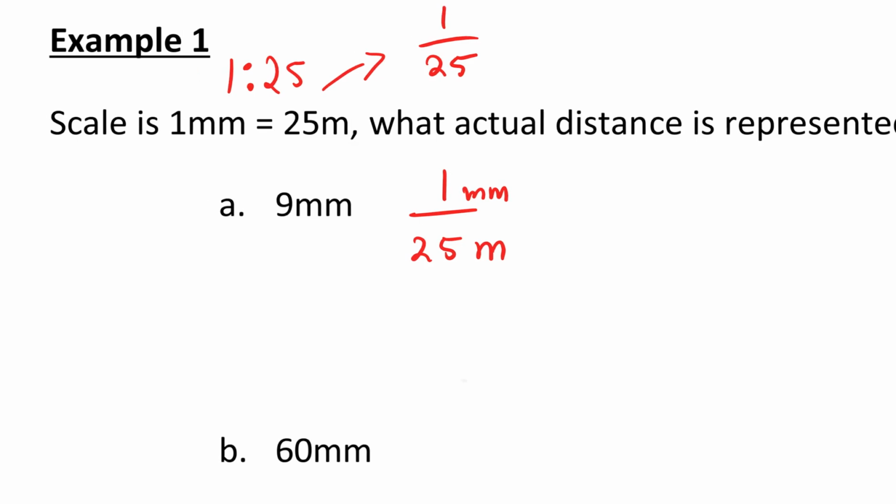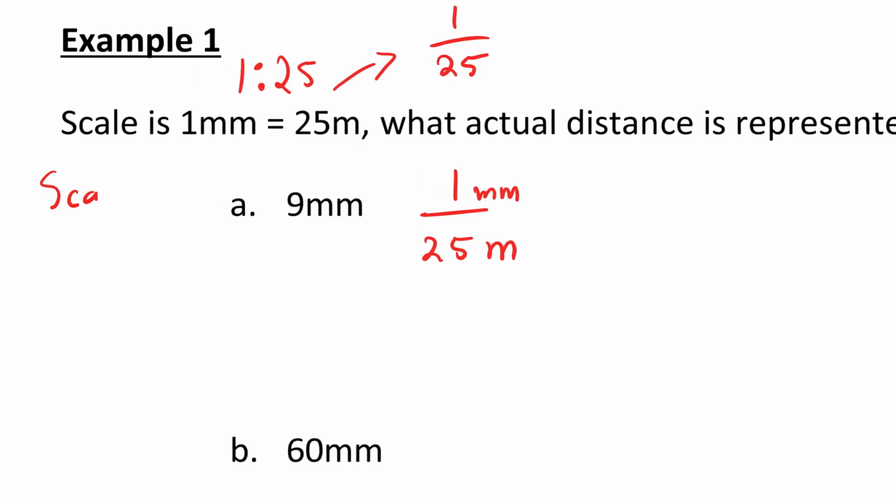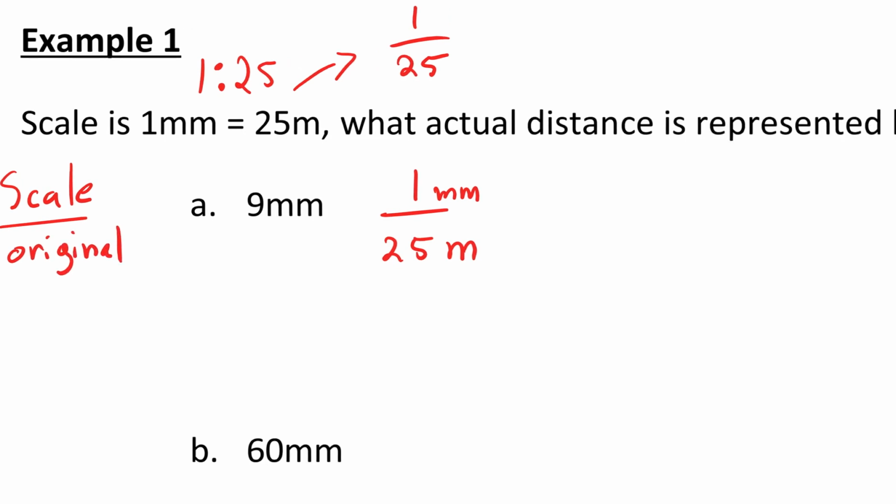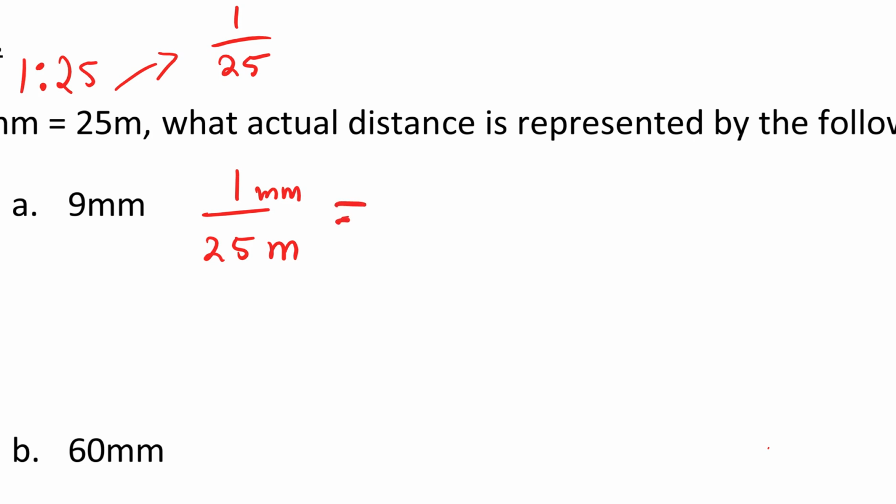So we have our scale on top and our original on the bottom. Now we're going to put this beside our 9 millimeters, which is what we have, and we want to figure out what 9 millimeters would be on the original object. So we'd have an X here.